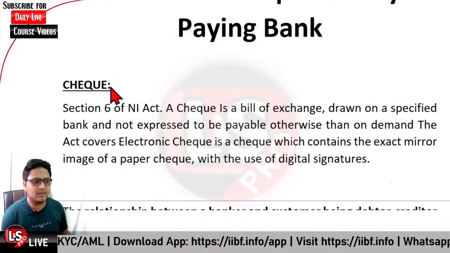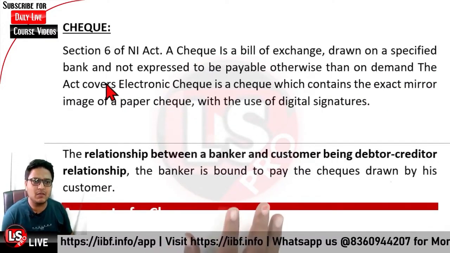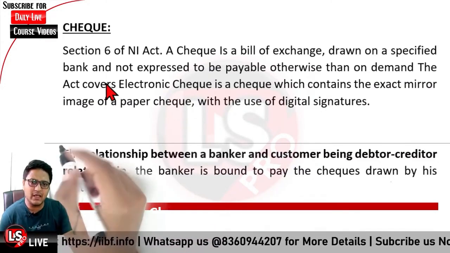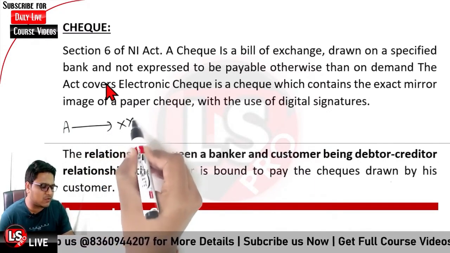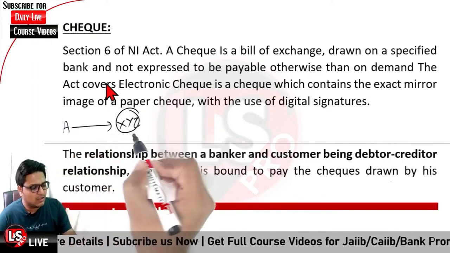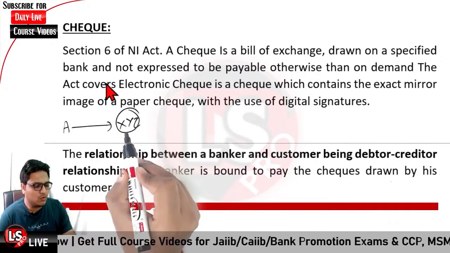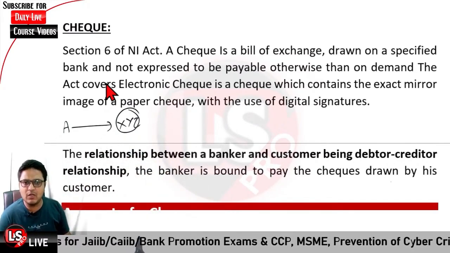Next, it is regarding the relationship between banker and customer, being the debtor and creditor relationship. If person A is maintaining a savings account with bank XYZ, there is an obligation on bank XYZ to pay back the deposited amount to person A on demand.